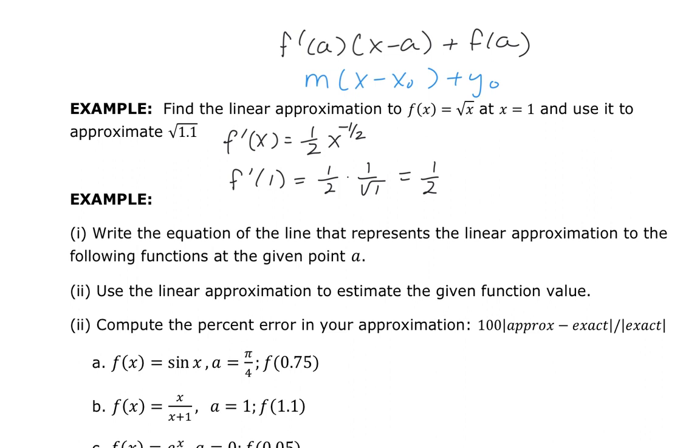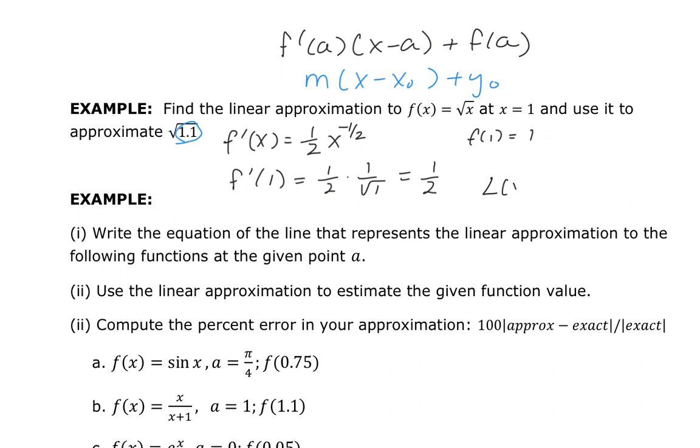So now I have my f prime of 1, I have my A, which is 1. My x in this case is 1.1 because that's what I'm really trying to evaluate it at. The only thing I'm missing is my output, so I also need my f of A, so f of 1, which is equal to 1.